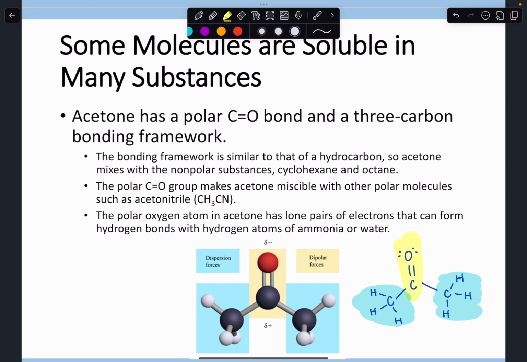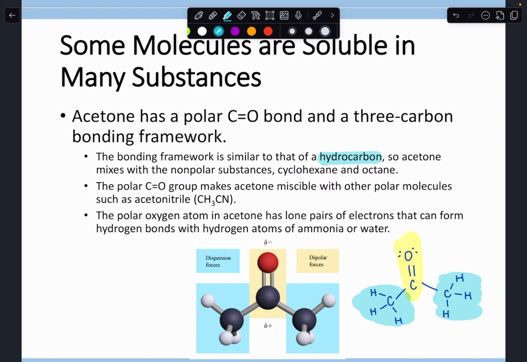So this molecule has both a polar area and a nonpolar area. The bonding framework, those CH3 groups, are similar to a hydrocarbon. Carbon and hydrogens only, which is nonpolar. So acetone can mix with nonpolar substances like cyclohexane and octane.